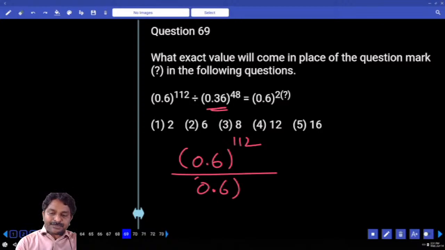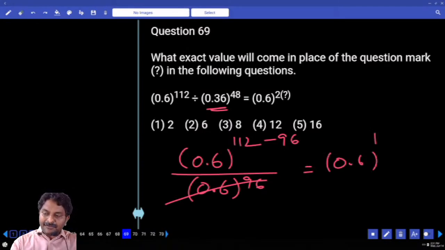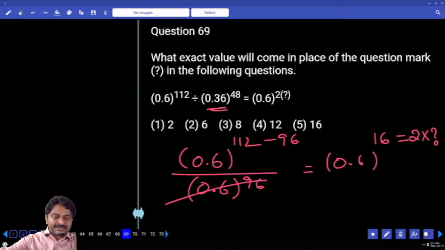Already we have exponent 48, and then square we are getting, that is 2 times 48. If it is in the denominator, in the numerator we just need to subtract it from the exponent only, which is equal to 0.6 to the power of 16, where 16 can be written as 2 into which number? 8. Third option.